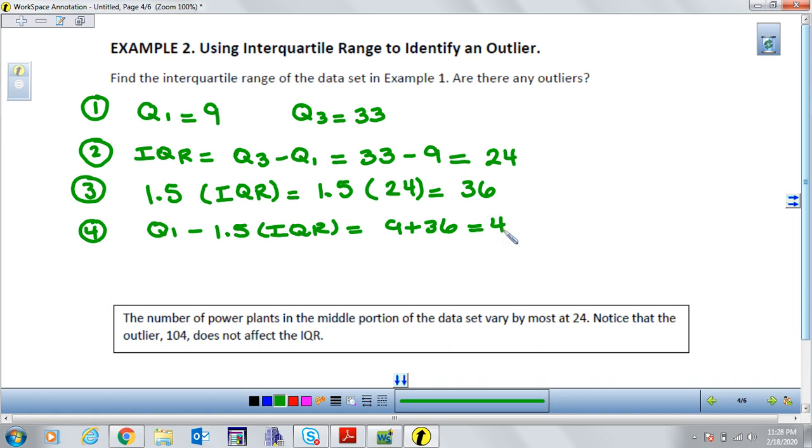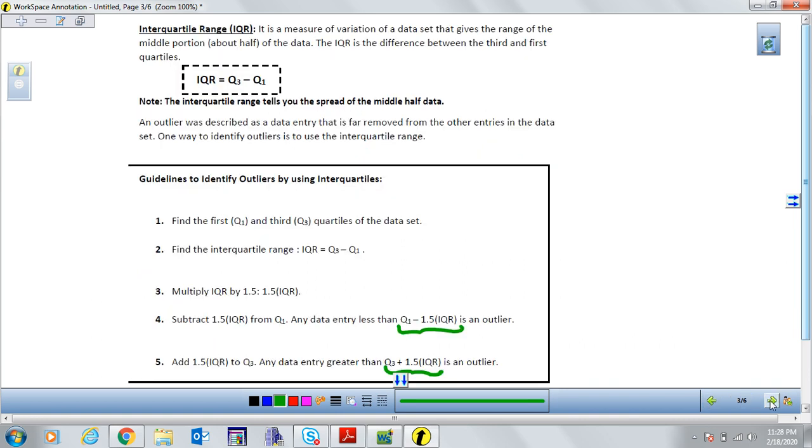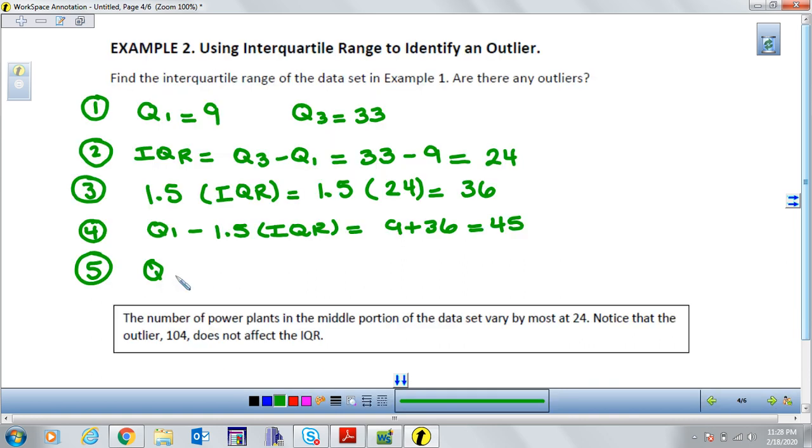So this would give me a 45. Then 5 says Q3 plus 1.5 times the IQR would be 33 plus the 36, so this would be 69.